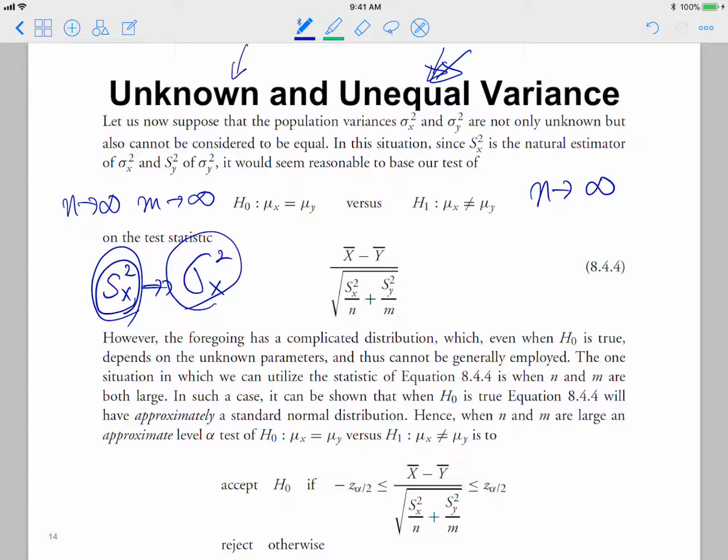And why is it so? Let's try to prove that. Why is it converging to this true value?